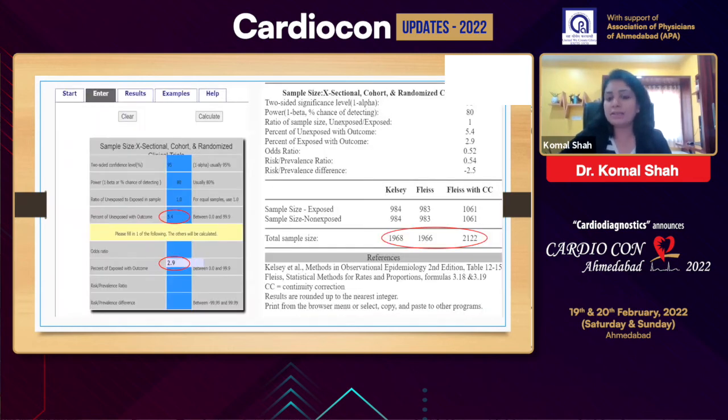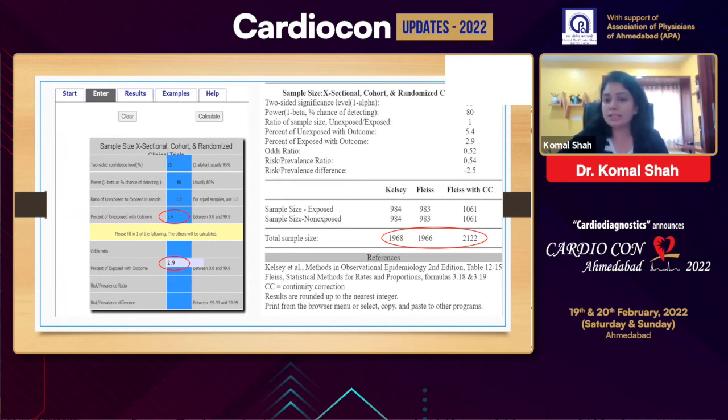When I add this information in this particular software, the window will look like this. So 5.4% was my incidence of that event in my control arm. That is the information I need to add in the percentage of unexposed with the outcome.